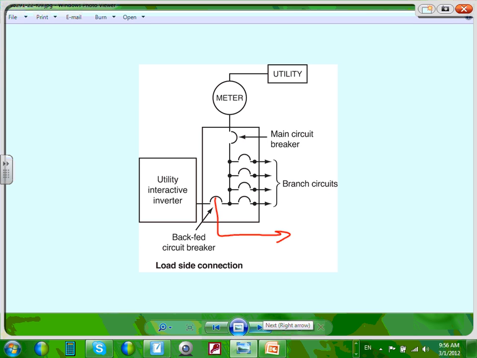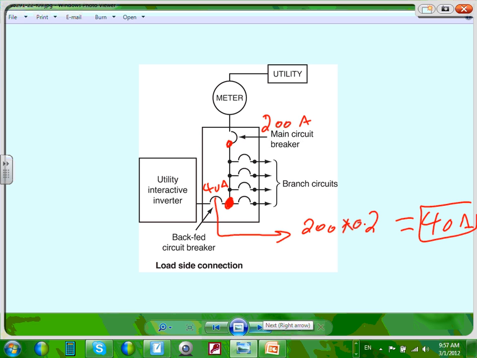Suppose I have a 200 amp main, then this has to be 200 multiplied by 0.2. 20% of the 200 is what? 200 multiplied by 0.2. I should know that one at least. 40 amps. So this cannot be more than 40 amps, and you have to put it at the end of the panel.